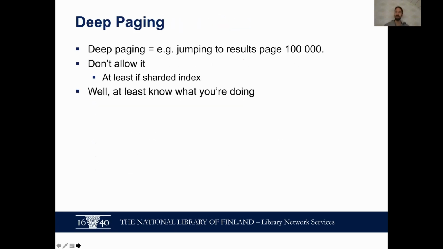And finally, there is something that's more on the index user side, in VuFind. Deep paging is something that's really nice to give the user, so that they can jump around in the search results. By default in Solr, you can always go to, for example, the last results page.